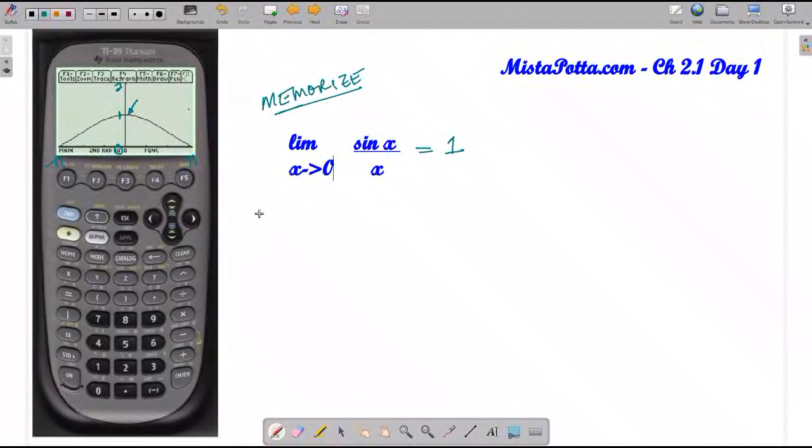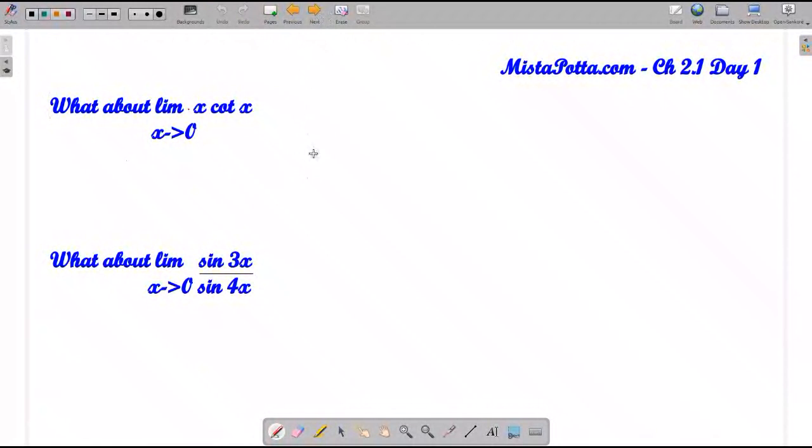And the reason we need to memorize it is because questions involving this limit show up repeatedly on the AP exam. And so I want to go through a couple of examples of it.